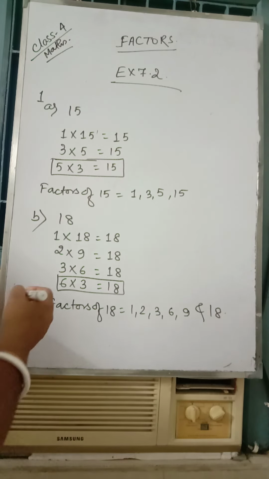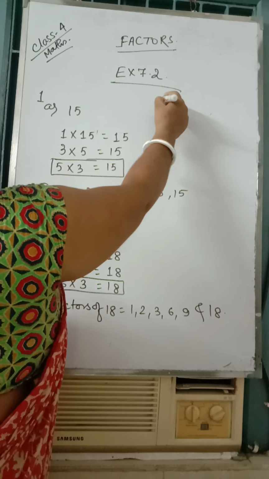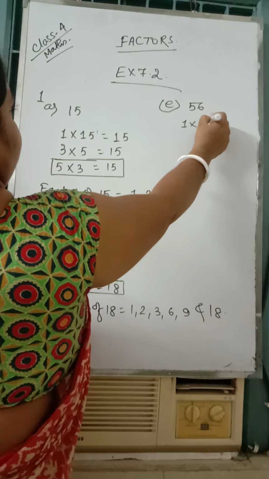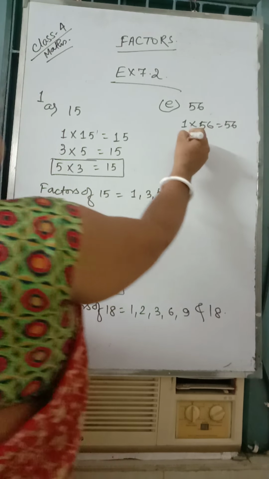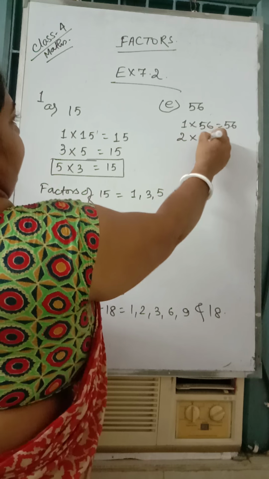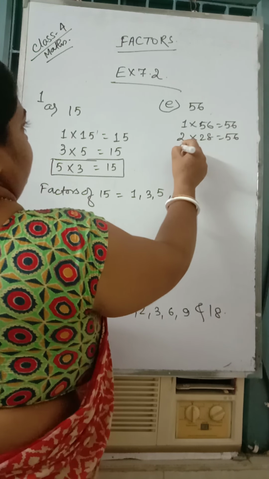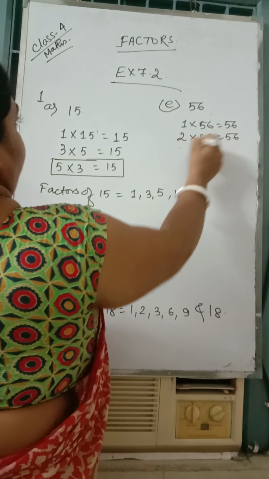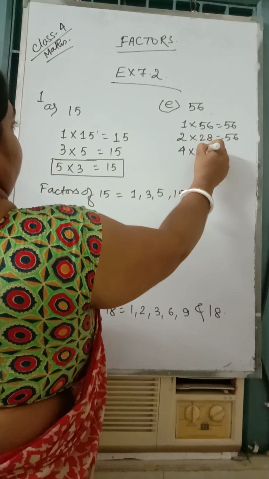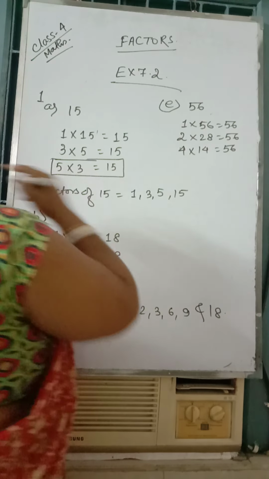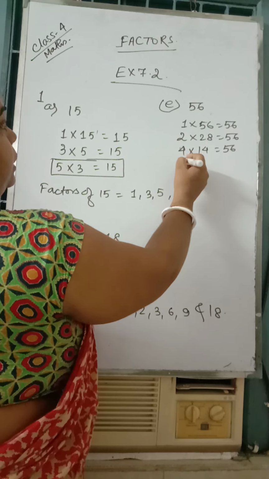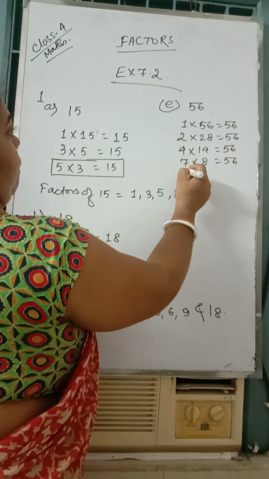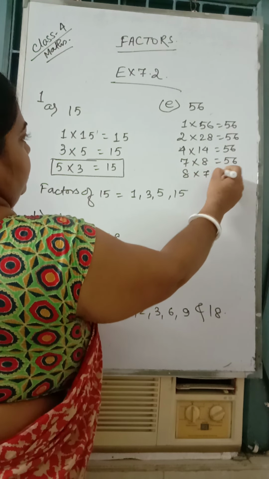Let us see E. They have given 56. 1 into 56 is 56. 2 into 28 is 56. 3's table does not give it. 4 into 14 is 56. 7 into 8 is 56. 8 into 7 is 56.